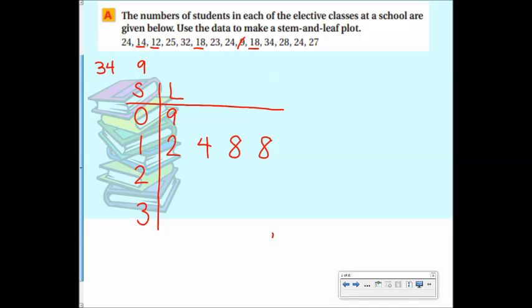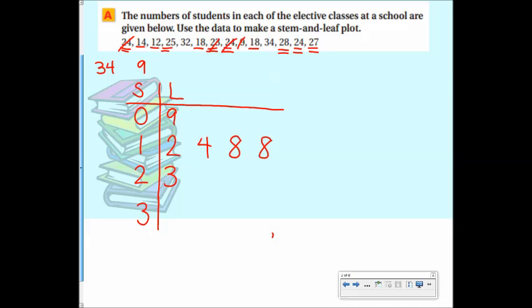All right, what about my 2s? 24, 25, 23, 24, 28, 24, 27. Okay, so that's probably going to be my biggest. And which one is the smallest of those? 23. So I'm going to cross off as I go so I don't forget any. So 23, which means I just put a 3. All right, what comes next? 24. How many 24s do I have?